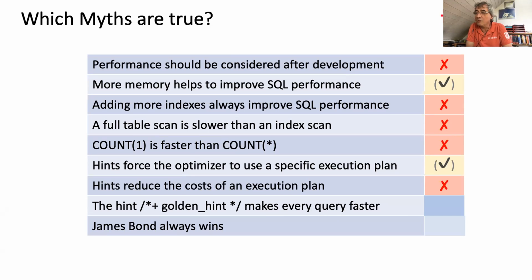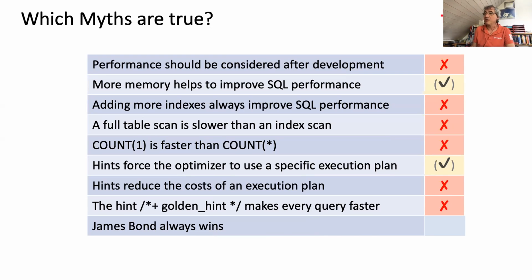It's the other way around. So whenever you add hints, the costs of the execution plan will go up. So the number will be higher than without the hints. And then finally, the golden hint always makes a query faster. This is definitely not the case. That's only the case in my demo, but usually that's not true.